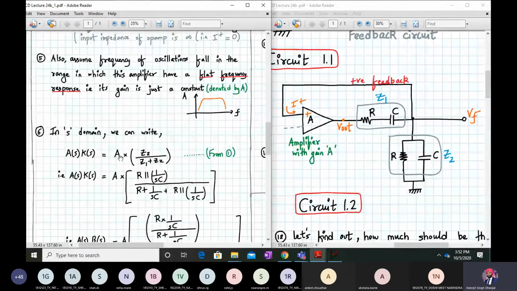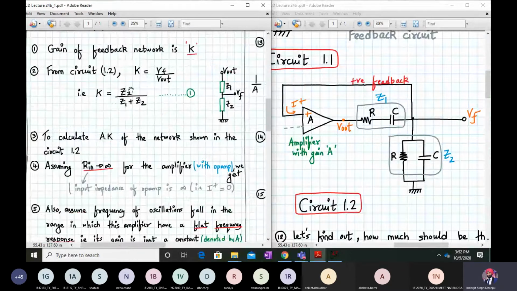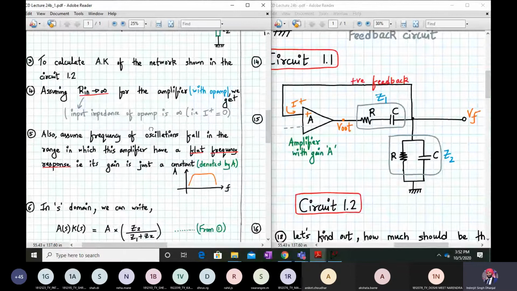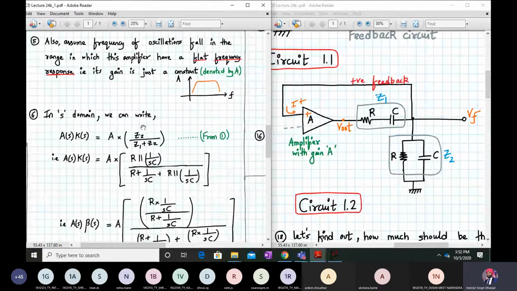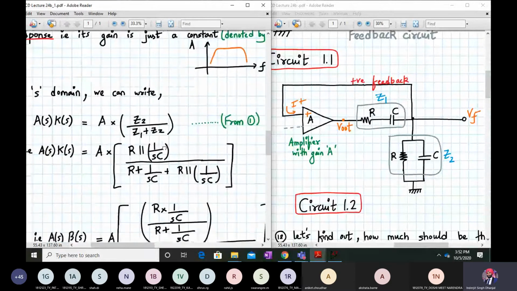So A is a constant, and it will be frequency independent. That's why I've written A directly. And K also, from the relation we have determined, is Z2 upon Z1 plus Z2. So from equation number 1, we got this Z2 upon Z1 plus Z2. Any doubts over here?